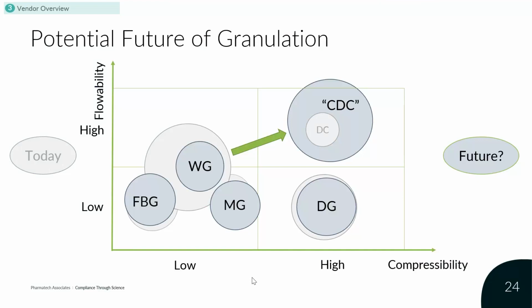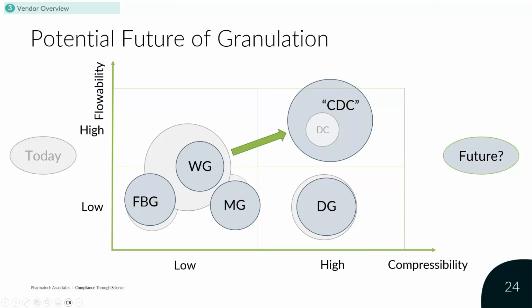But what could be experienced in the last couple of years, I think, is that in most of the direct compression systems there's either a melt granulation, dry granulation, wet granulation, or even a fluid bed granulation process beforehand in the game.